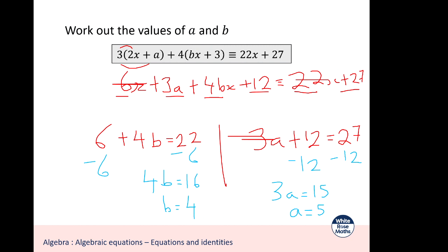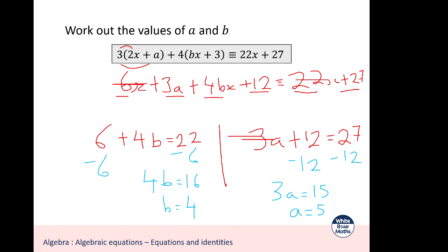Because now if I sub a and b back in, the left hand side will give me the expression 22x plus 27. I can actually check it if you want to. Sorry, a is equal to 5, not x, I apologize.